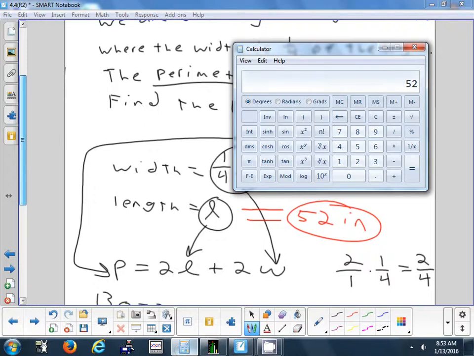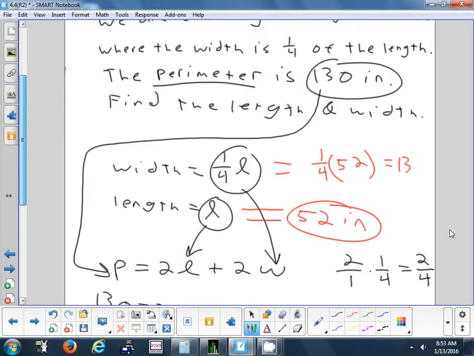Not sure? If you're not sure, you can just multiply it out. It comes out to 13. 13 inches. Hey, are we done now? Yeah, now we're done. Any questions on any of our steps there?